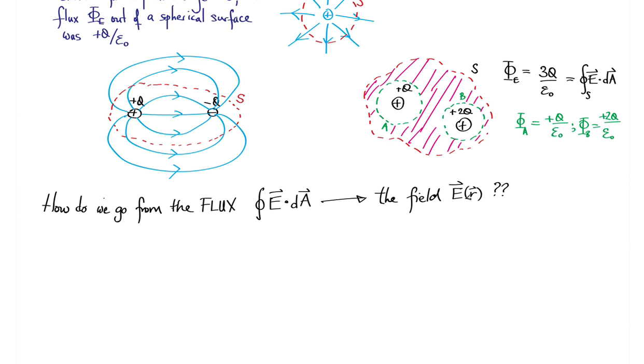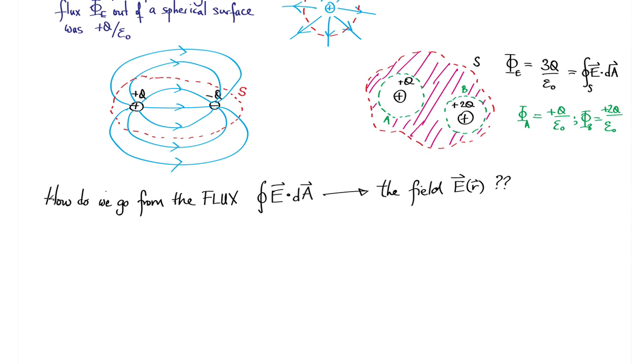It turns out that even though there are only a few specific instances, those instances are really, really useful, which is why we teach you Gauss's law. So let me just write that down here.